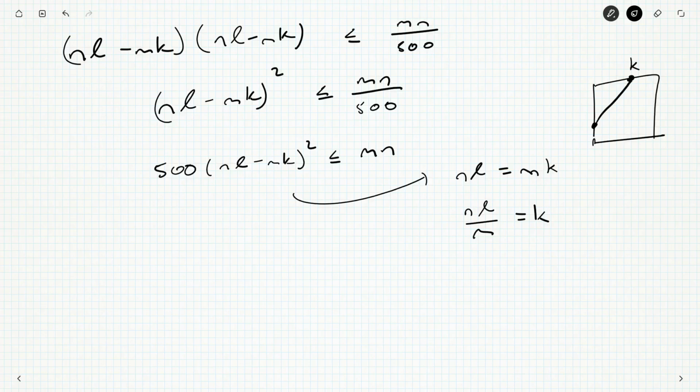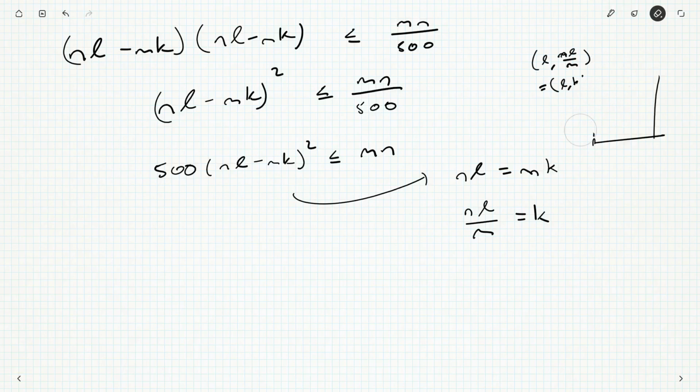This shouldn't be allowed for some reason. Okay, because if it was, then really any m and n would work. Oh, right, because if that were the case, then we'd be just at this vertex. Right, because then nL over m would be the same as Lk. And so you would just be a corner. You'd just nick the corner of this whole thing, and that's not what we want. So I can't have 0 here.